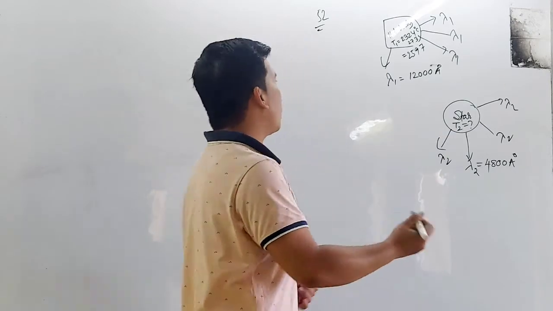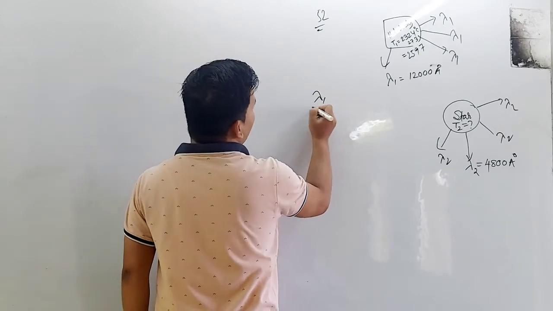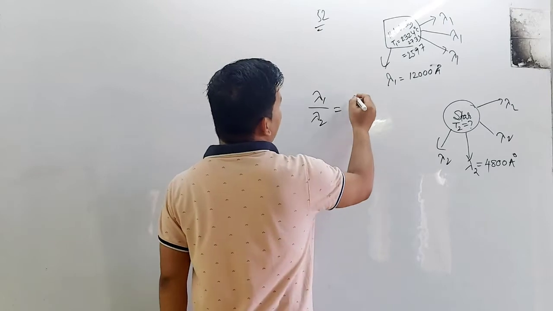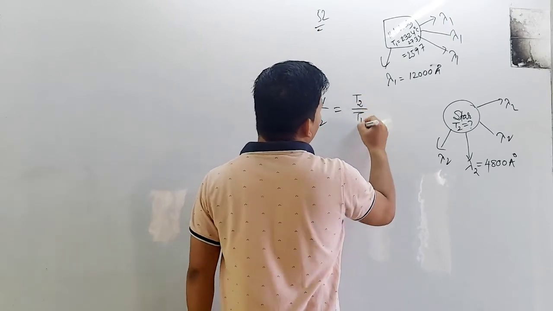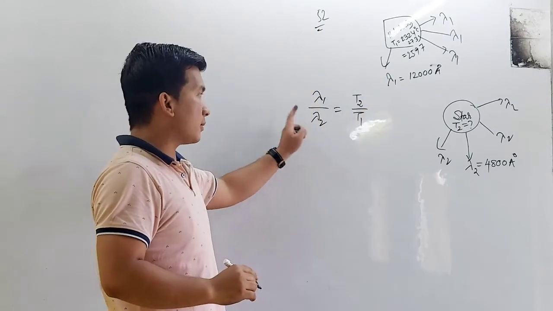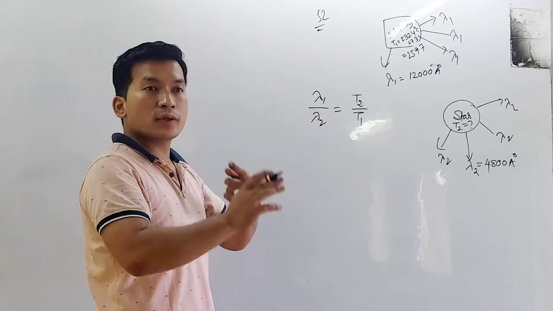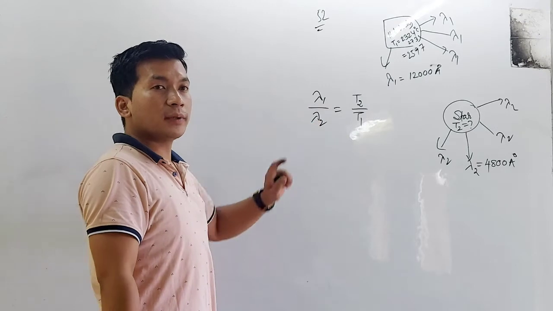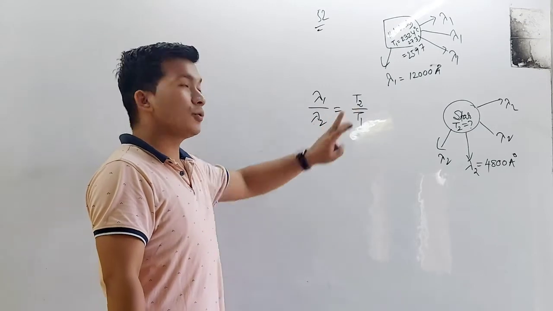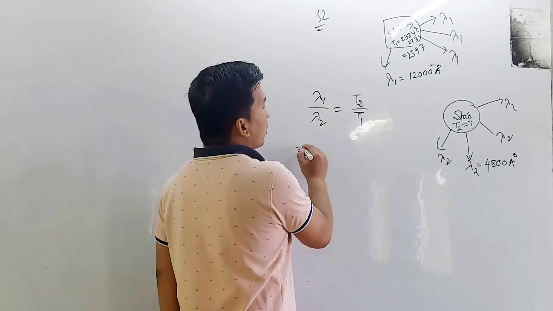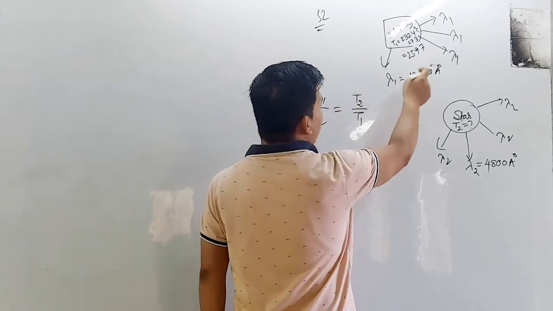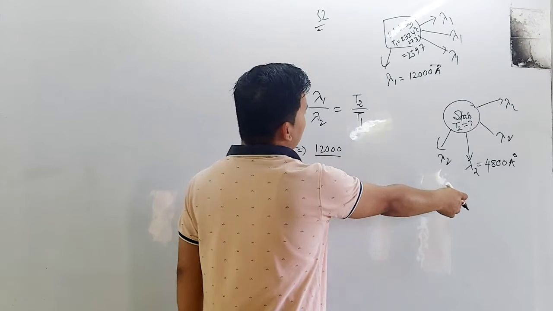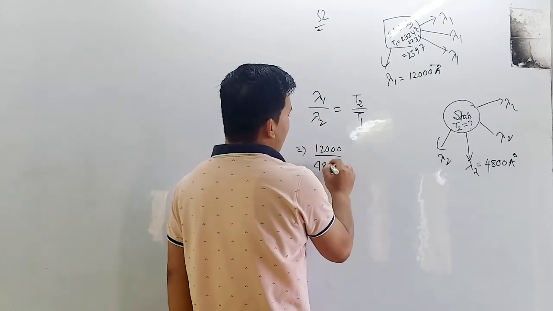This is a very simple way now. Lambda 1 by lambda 2 is equal to T2 divided by T1, because they are inversely proportional. Remember the relation. What is to be found out? T2 is to be found out. Lambda 1 is 12,000, divided by lambda 2, which is 4800.